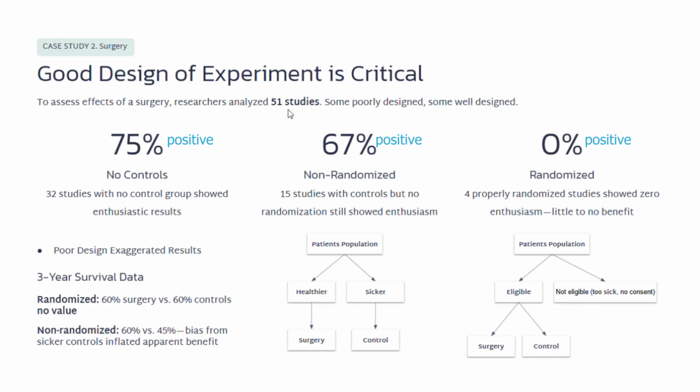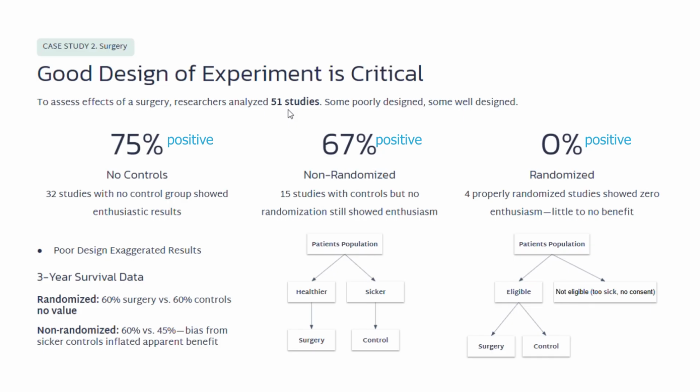Okay, so in this case, 32 studies were performed without controls, and 75% of these studies said that the surgery is remarkably positive. So 75% of these studies were quite enthusiastic about the results of the surgery.